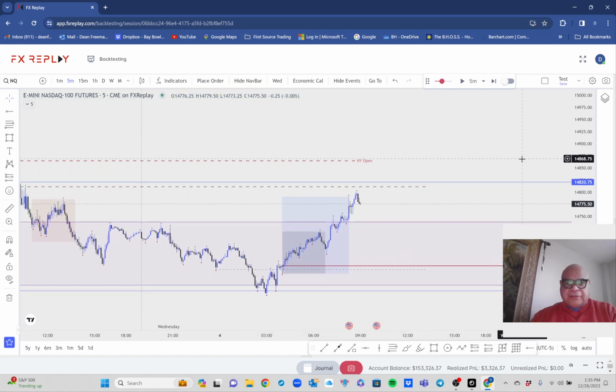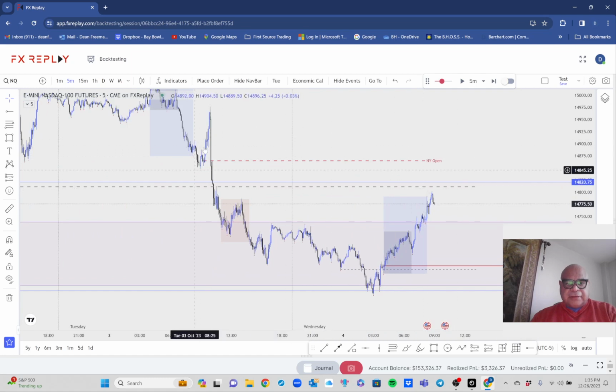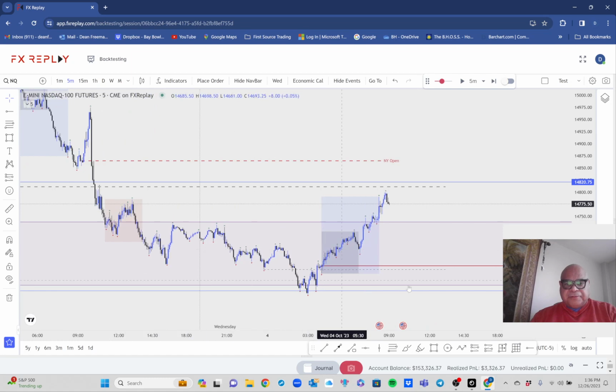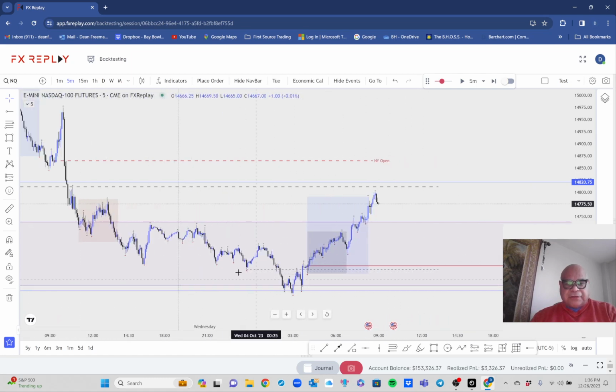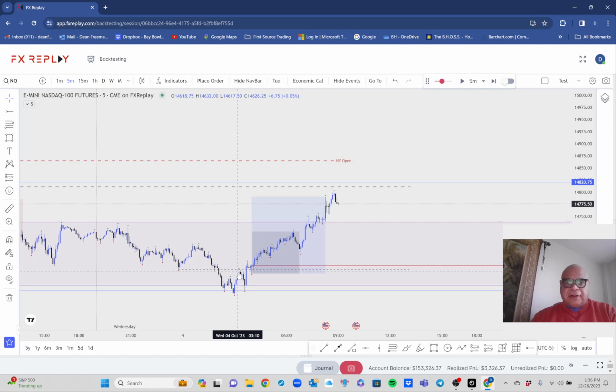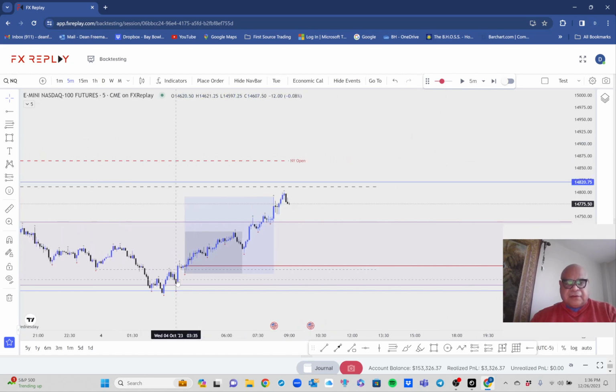I'm still on the lookout for this area here, this FEG, and obviously prior day open. This FEG here is also providing some support. So again, all the fractal nature of price, everything I saw on the higher time frames, I'm aware of on the lower time frames. So let's just play forward and see how things play out.